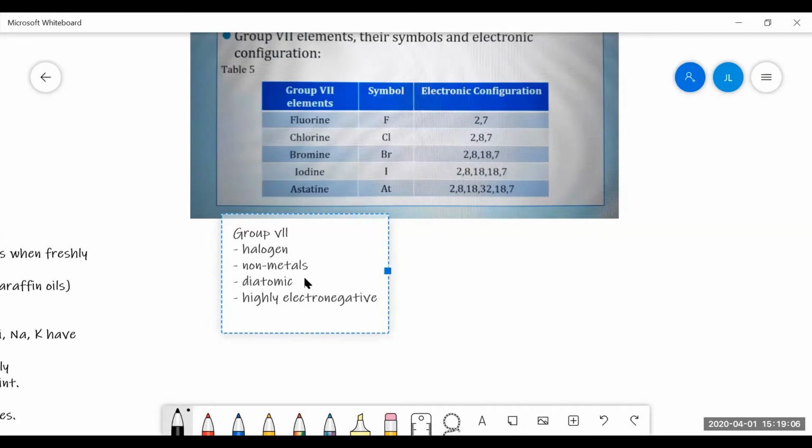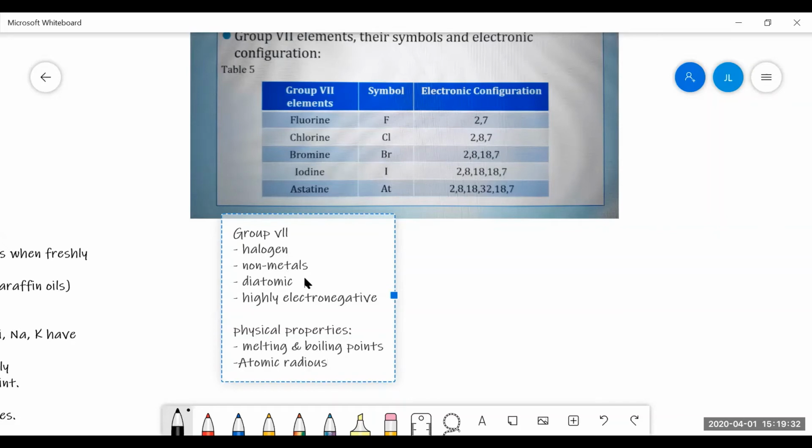We first look at the physical properties: melting and boiling point, then atomic radius, electronegativity, and then density.